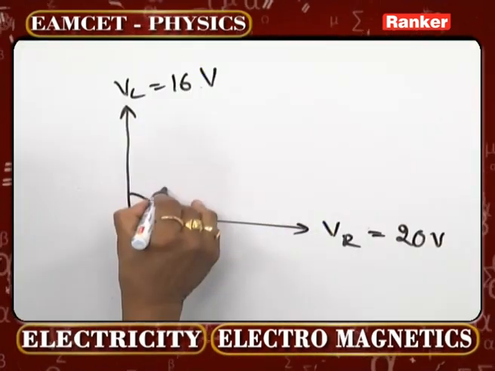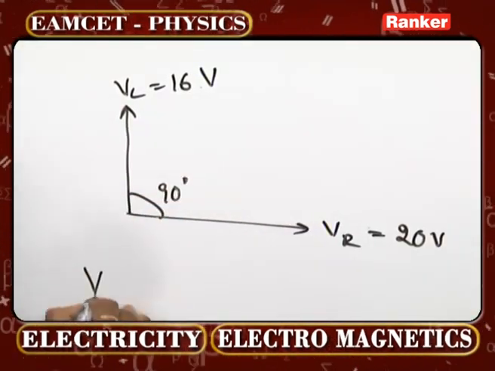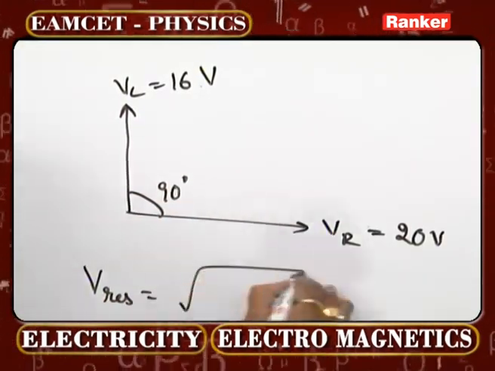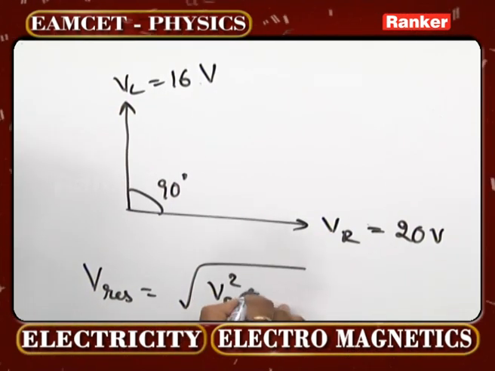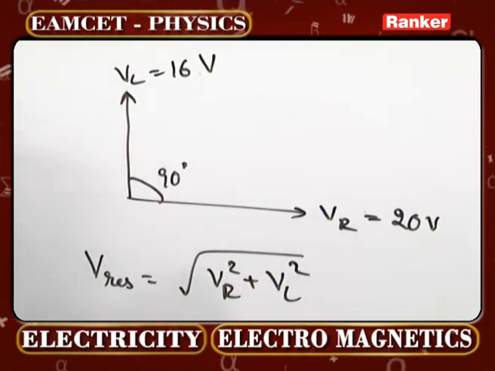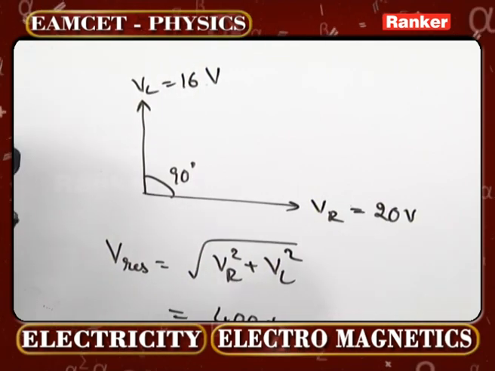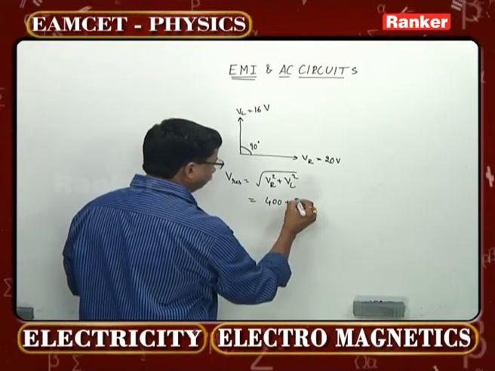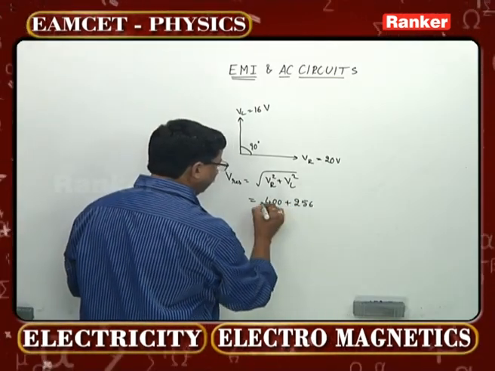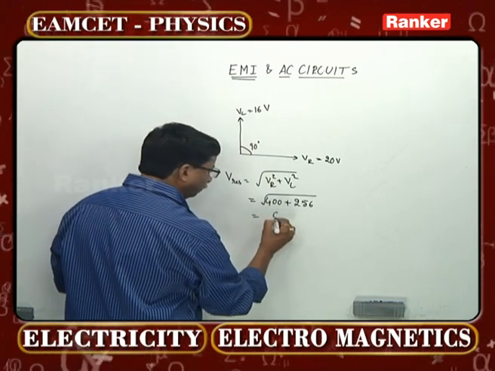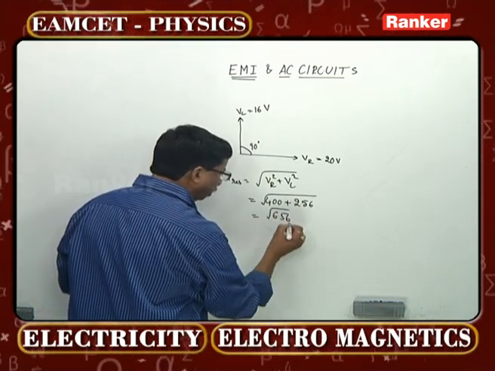What is the angle between them? 90 degrees. Therefore, the resultant voltage will be the root of VR square plus VL square. VR square is 20 square, 400. VL square is 16 square, 256. Both under root total 656 under root.